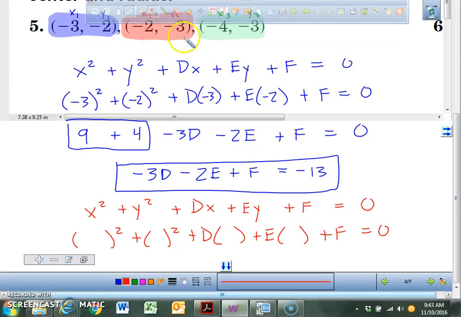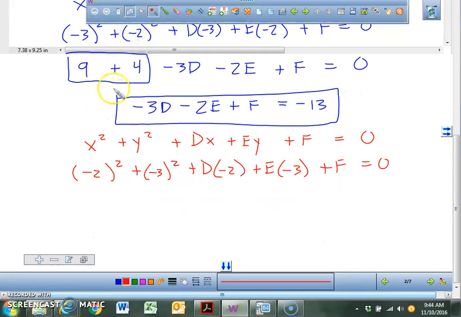We're going to use a -2 and a -3. Wherever there's an x value or a y value, I'm putting a parentheses. How many equations are there going to be? There are going to be a total of 3. We'll have a blue one, a red one, and a green one. So -2, -3, -2, -3.